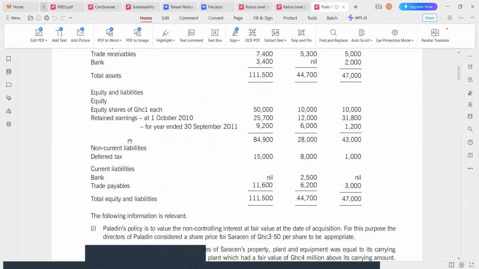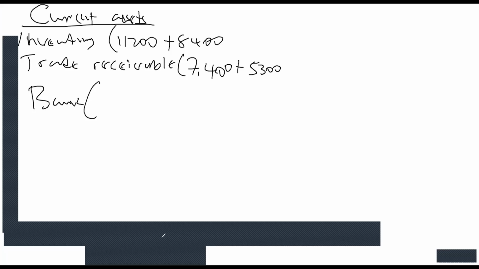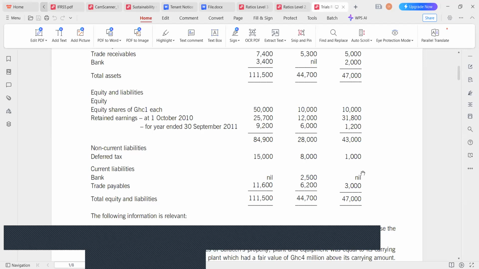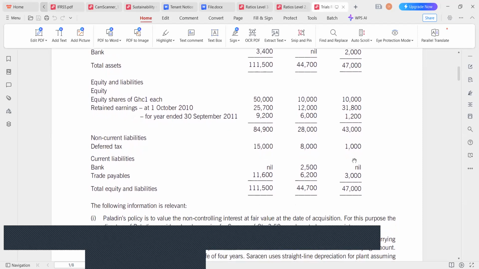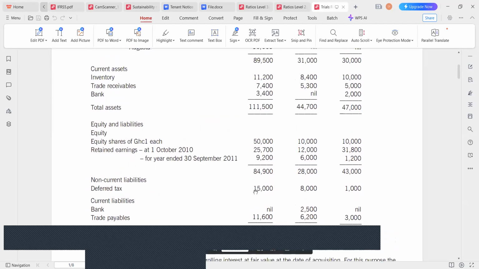We don't pick equity of the subsidiary, neither the associate's. Let's go to equity after our total assets. Pick the bank figure. It's 3,400.